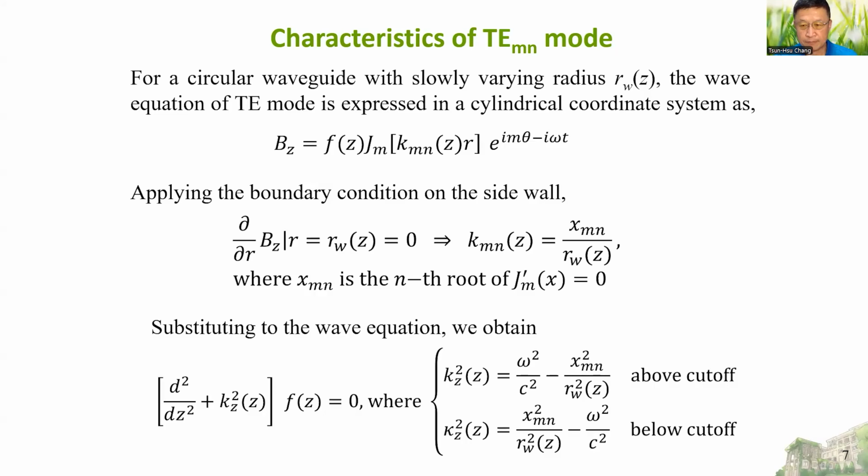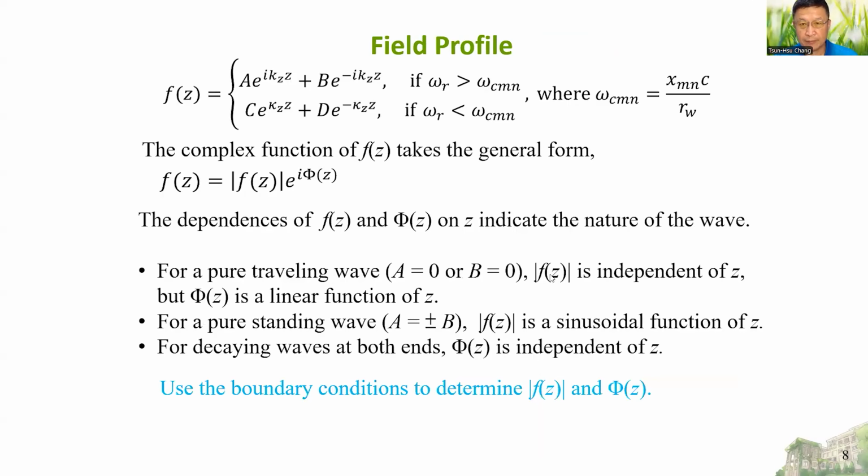Below cutoff, that will be kappa. So there are two conditions, depending on the geometry. f of z above cutoff should be this form.